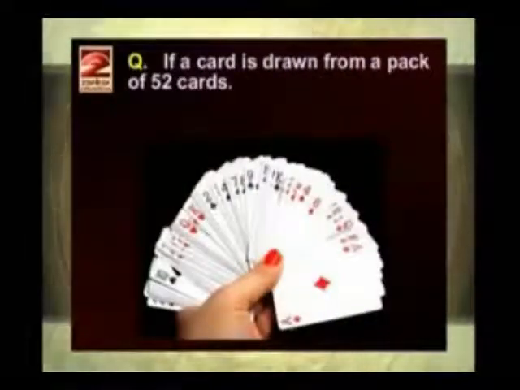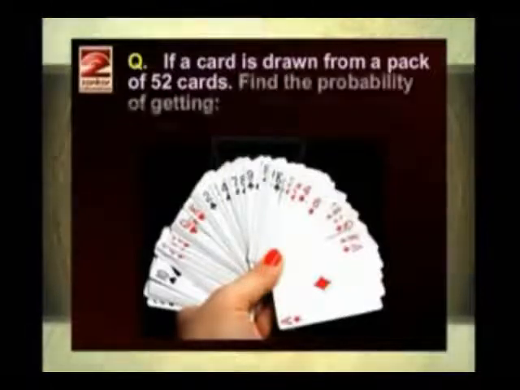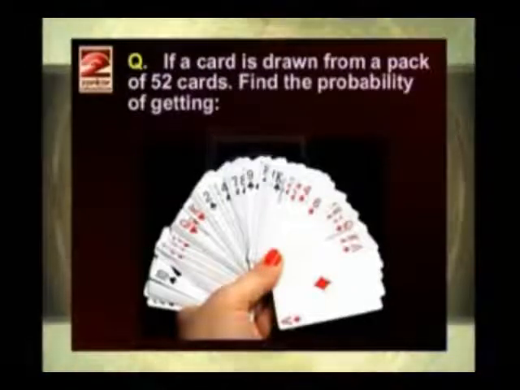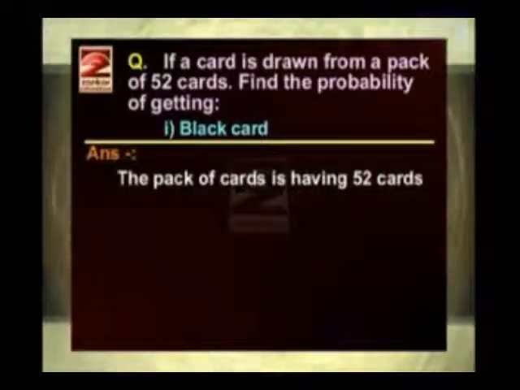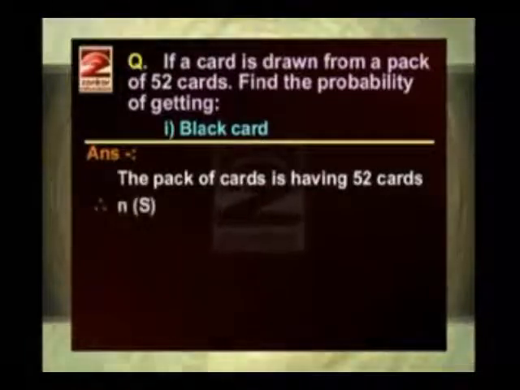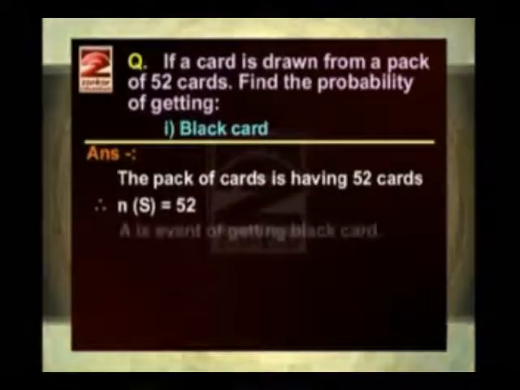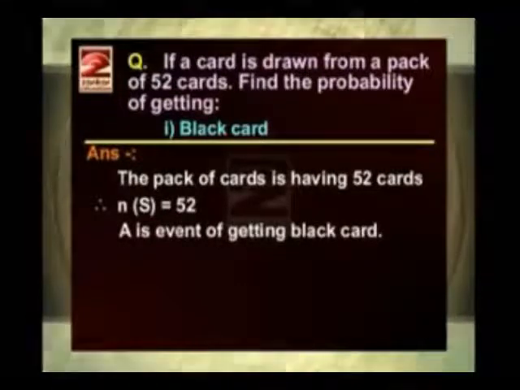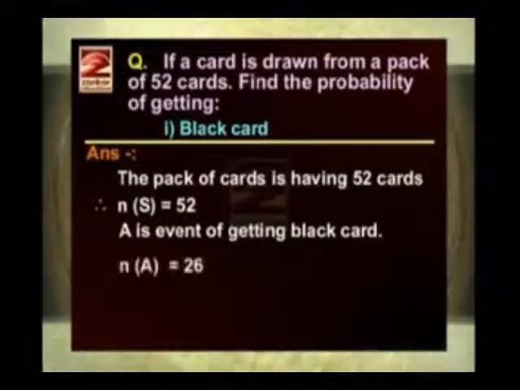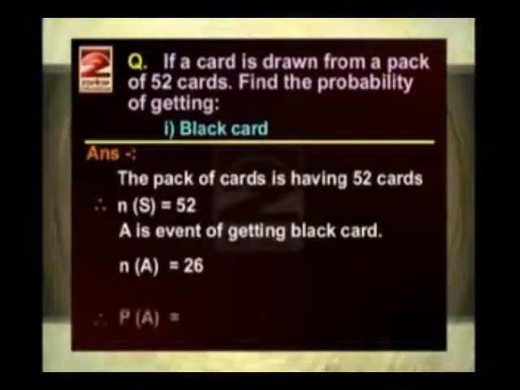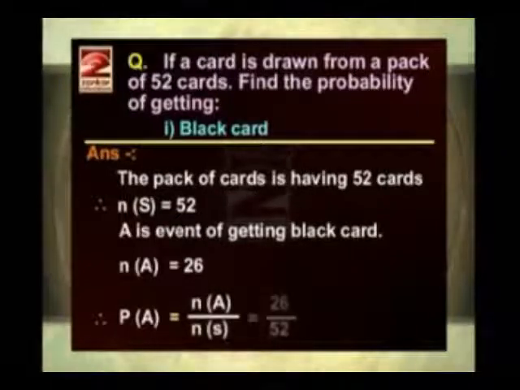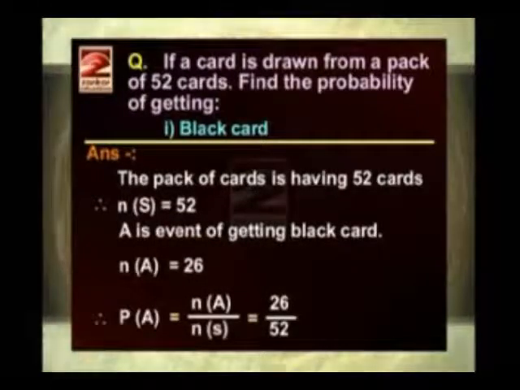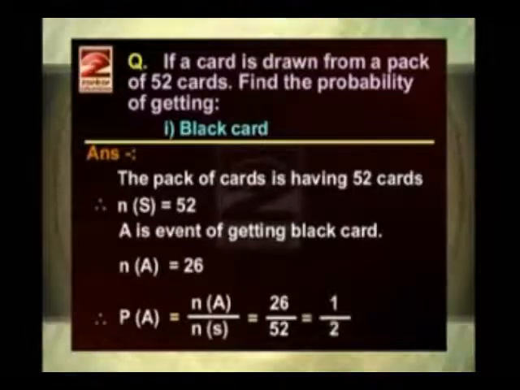Now the next question. If a card is drawn from a pack of 52 cards, find the probability of getting, first one, a black card. The pack of cards is having 52 cards and therefore n(S) is equal to 52. Now A is the event of getting a black card. Therefore n(A) is equal to 26. Therefore P(A) is equal to n(A) upon n(S), that is equal to 26 upon 52, that is equal to 1 upon 2.